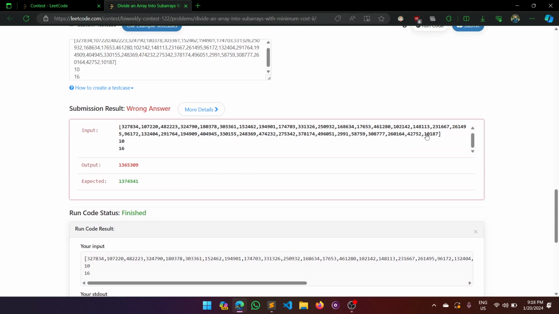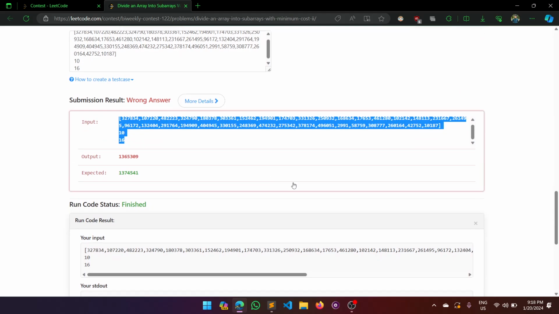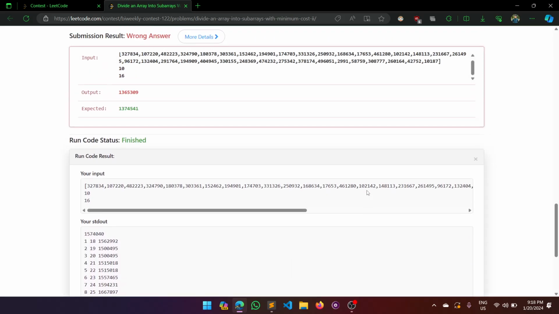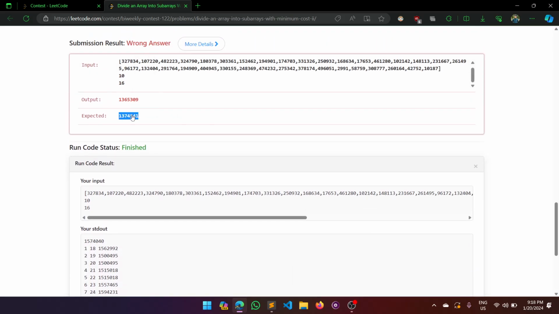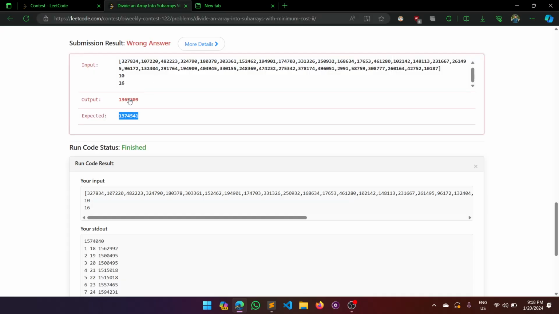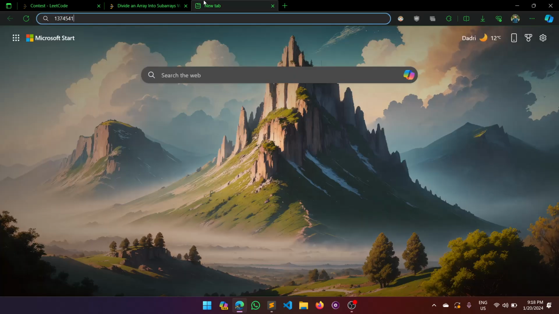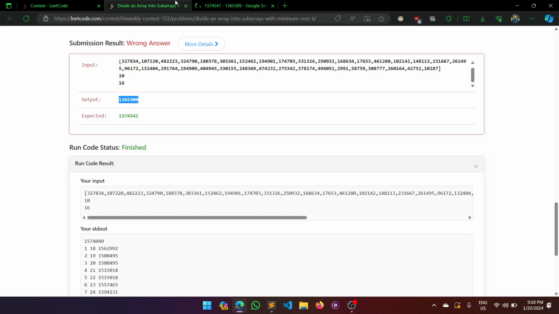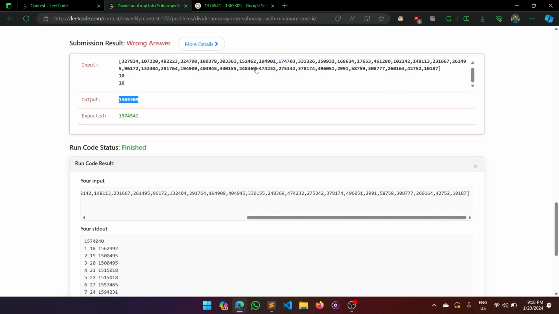You're definitely considering this number. The difference between these two numbers should be a number which exists. Nine two three two. 9232, is it a part of the array?